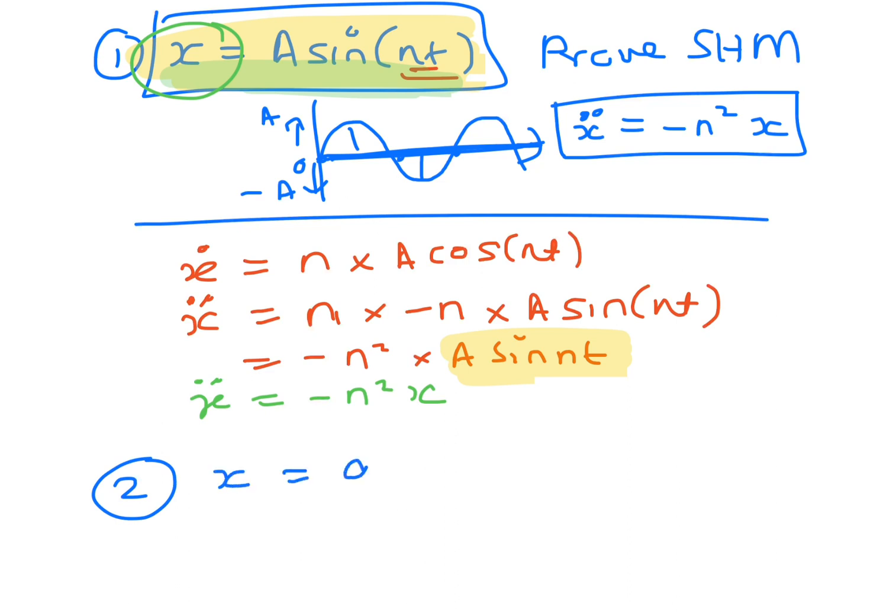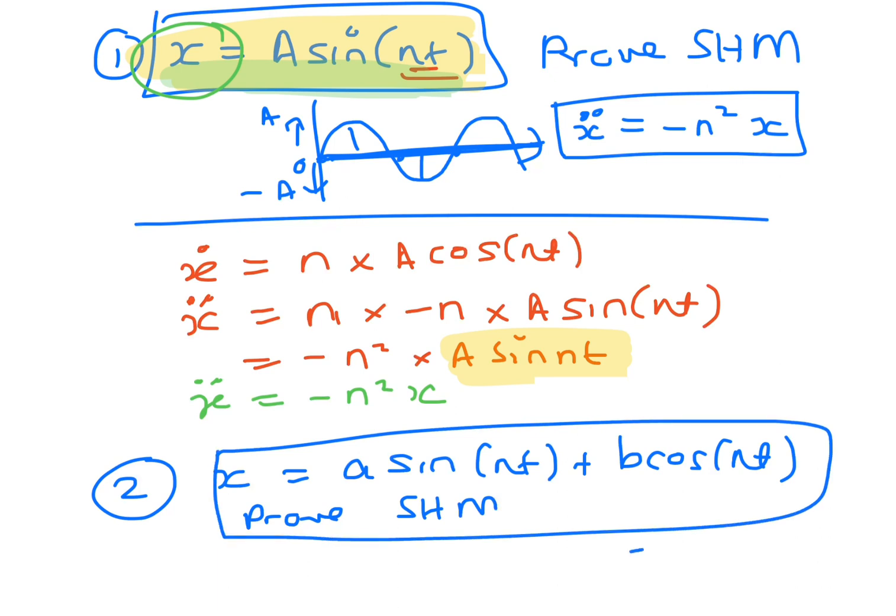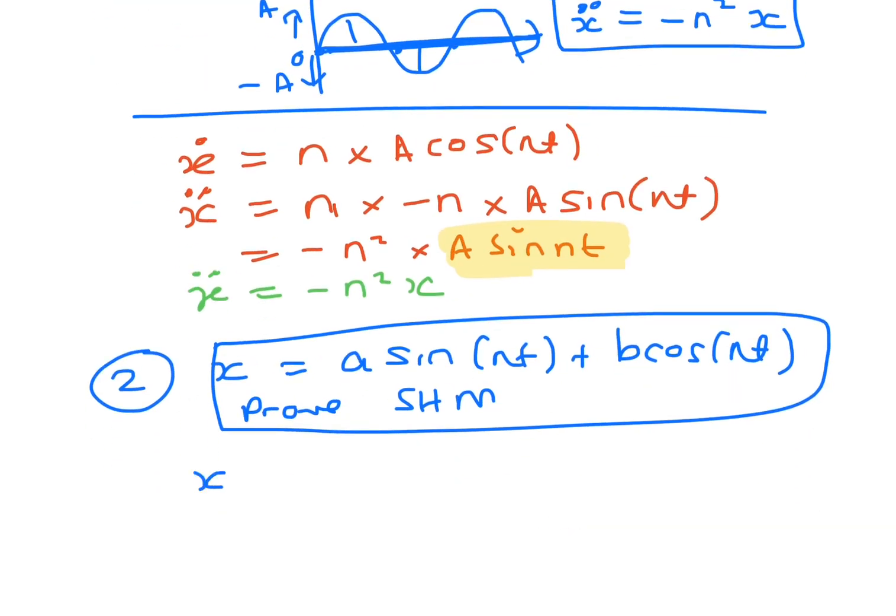Let's just look at one, so we have a sine nt plus b cos nt, and let's prove this is in simple harmonic motion. When we look at that, we need to differentiate twice. x dot equals, so I'm going to pull the n out because that's the derivative of what's inside.